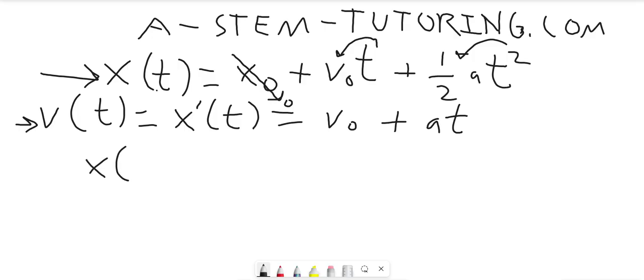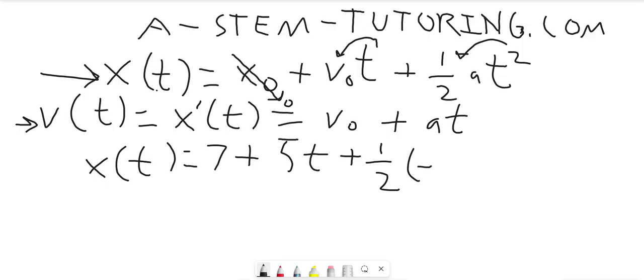So let's consider an example situation. Suppose x of t equals 7 plus 5t plus 1/2 times negative 9.8 t squared. We're assuming the initial height is 7 meters, the initial upward velocity is 5 meters per second, and the acceleration due to gravity is negative 9.8 meters per second squared.